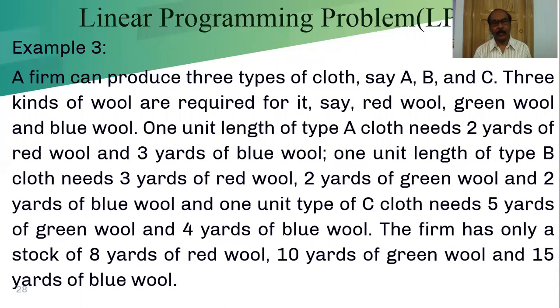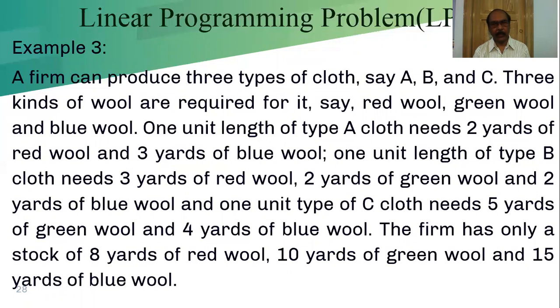So to prepare the clothes A, B and C, we need 3 types of wool: red wool, green wool and blue wool. 1 unit length of type A cloth needs 2 yards of red wool and 3 yards of blue wool. So for type A, we do not need the green wool.